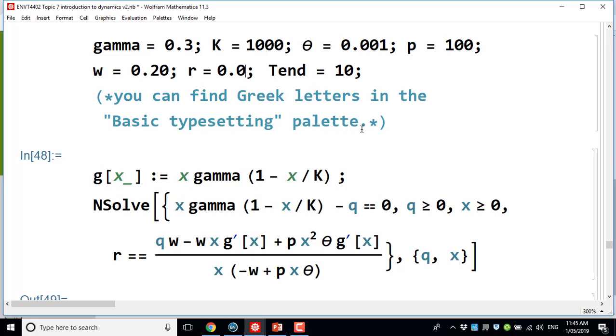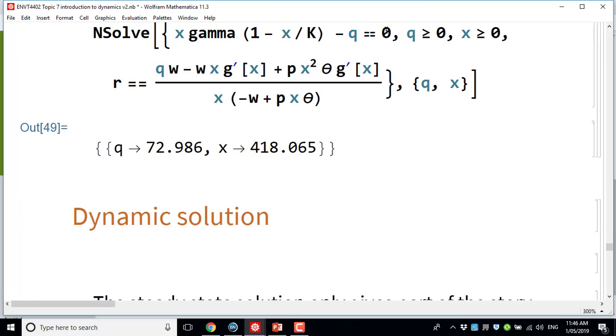Would it go up or would it go down? Okay, so we just need to set the discount rate to 0. I just resolve that.